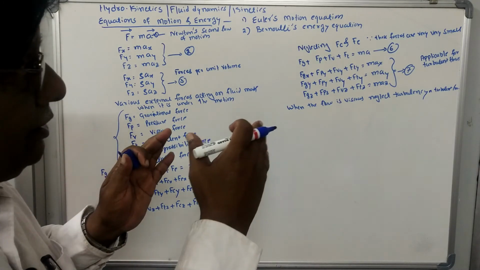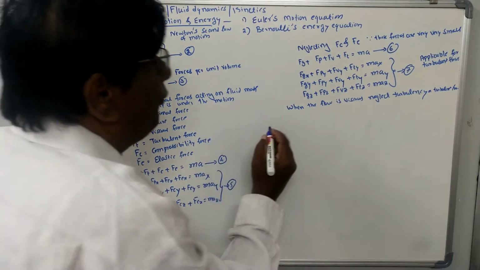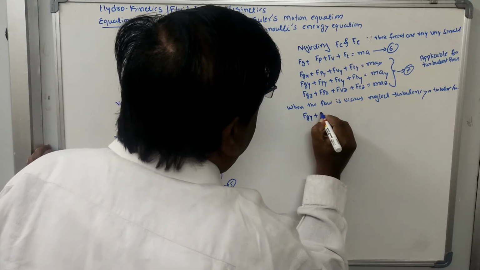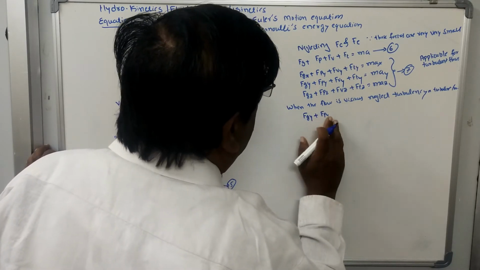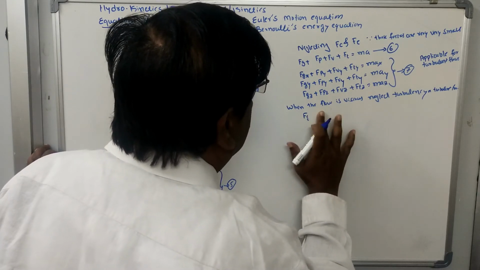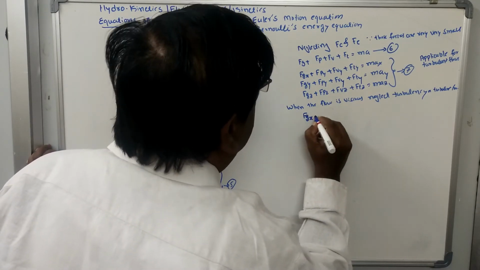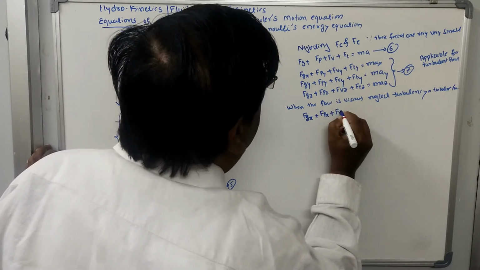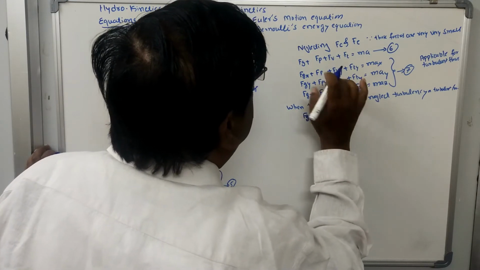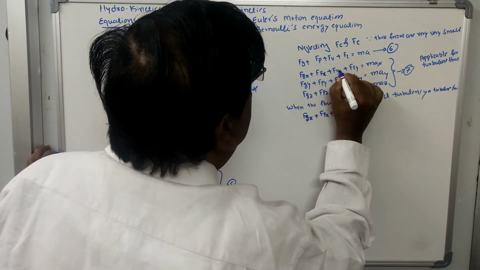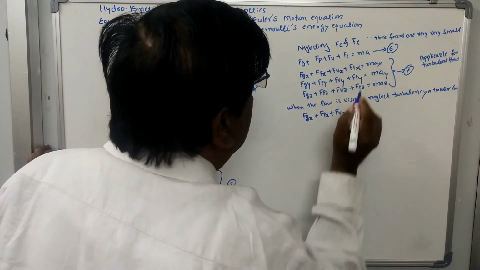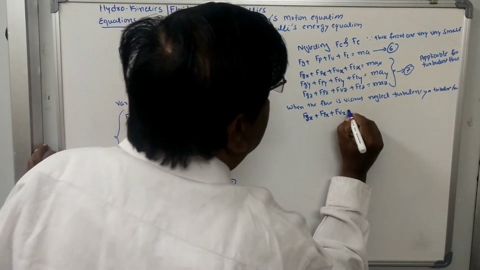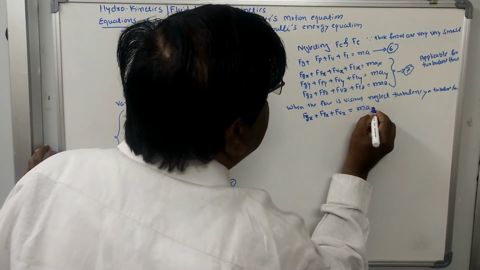Then equations 7 are to be modified as F_Gx plus F_Px plus F_Vx, because we are neglecting the turbulency, is equal to M a_x.